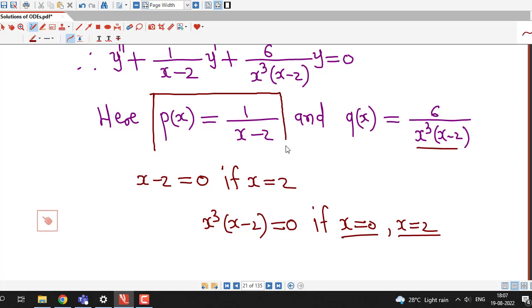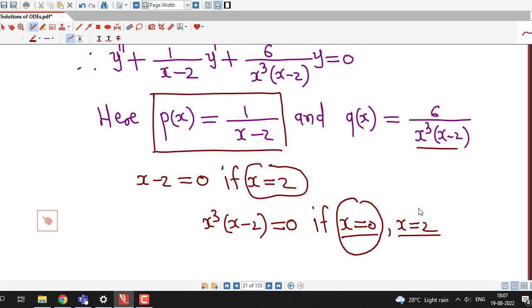Because the denominator of p(x) is x minus 2, p(x) is not analytic at x equal to 2, and q(x) is not analytic at x equal to 0 and at x equal to 2. Or we can say that p(x) and q(x) are both not analytic at x equal to 0 as well as at x equal to 2. So both functions are analytic everywhere except these 2 points 0 and 2.